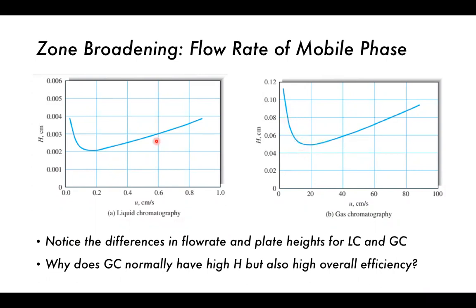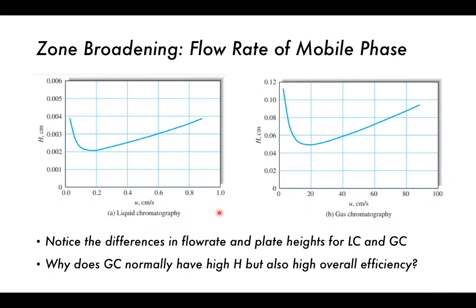Both of them happen at low flow rates, but there is a slightly different flow rate for each. The flow rate for liquid chromatography is about 2 orders of magnitude less than that for gas chromatography. You can see the minimum happens around 20 centimeters per second in gas chromatography, or about 0.2 centimeters per second in liquid chromatography.